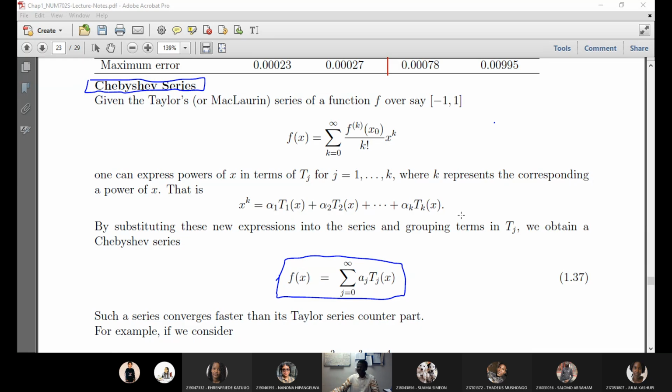If you go to Chebyshev polynomial and series, exercise 3, and then you go to question 4, exercise 3.4. Okay, there's a question about the Chebyshev series there.